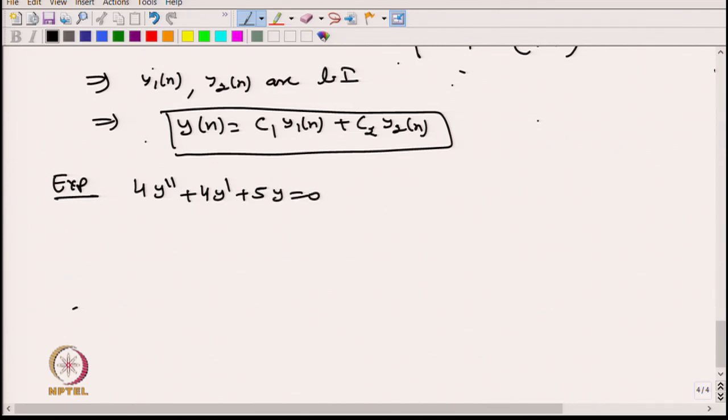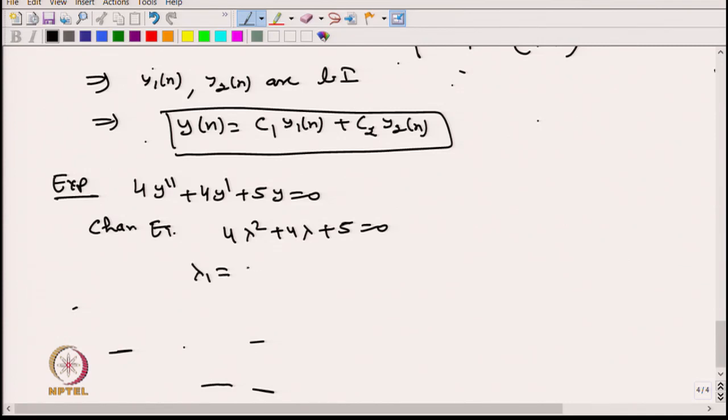This is my second order linear differential equation with constant coefficients. Then from here I can define my characteristic equation, which will be 4 lambda square plus 4 lambda plus 5 equal to 0. In this case, I want to find the roots of this equation.